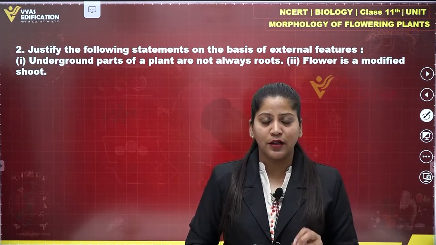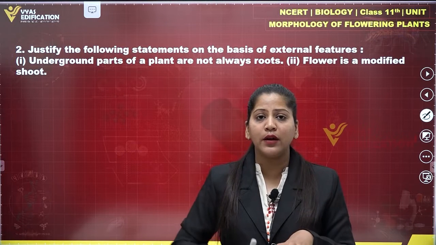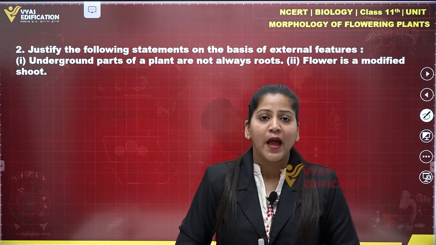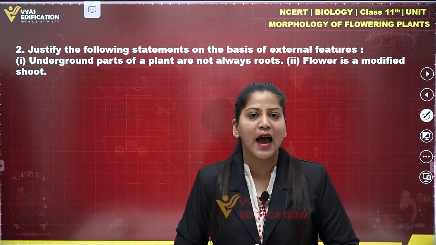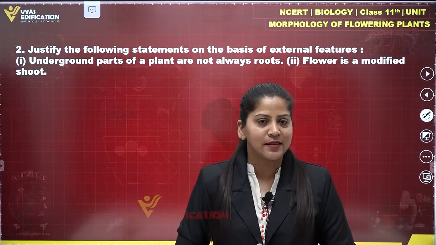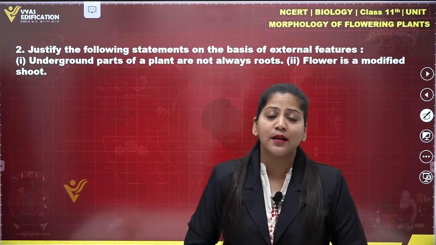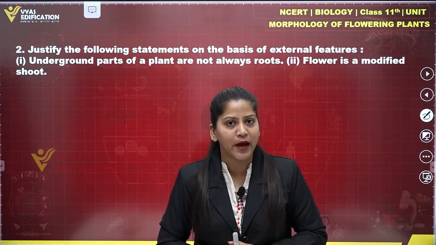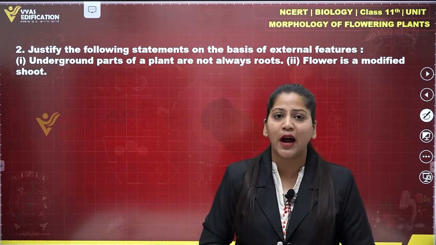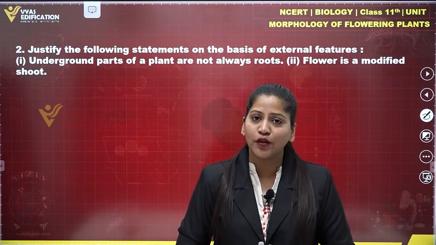After fertilization, the flower is pushed into the soil, and the formation of seed and fruit takes place inside the soil only. So these are examples of structures which are underground but are not roots.